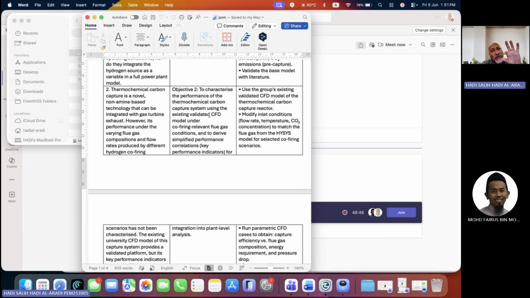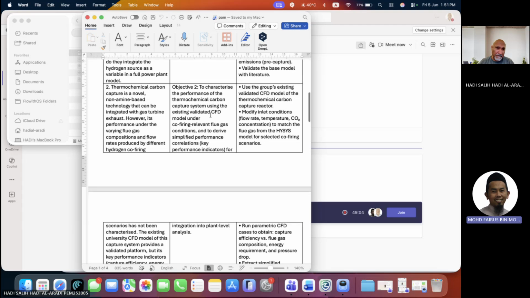That was extracted from what you told me, that we already have a model in the university which can be used after making some modifications. Exactly.